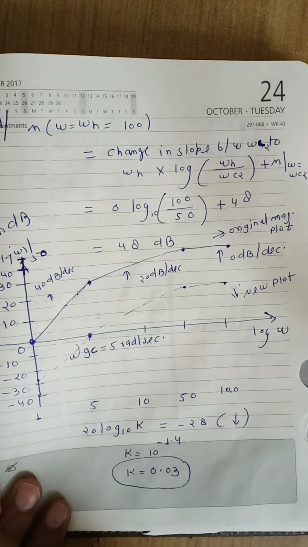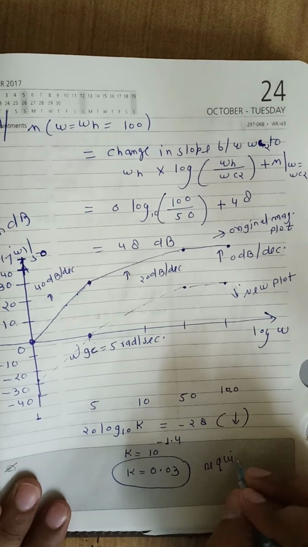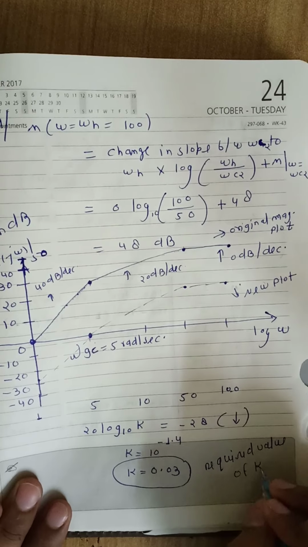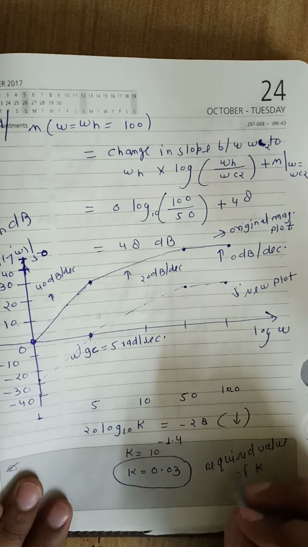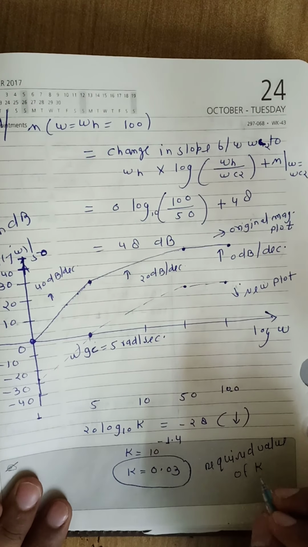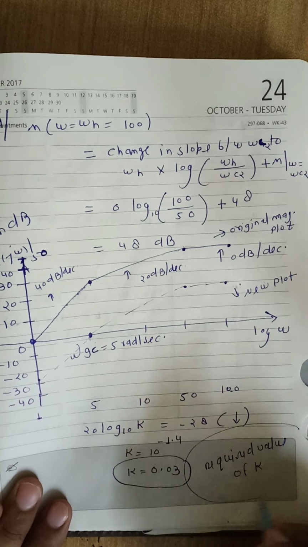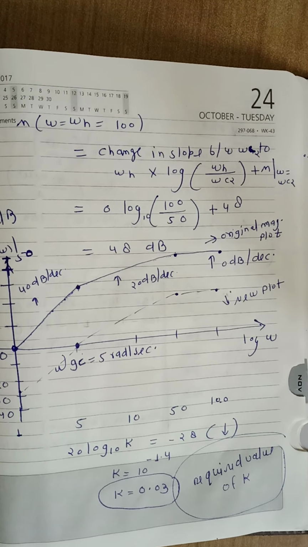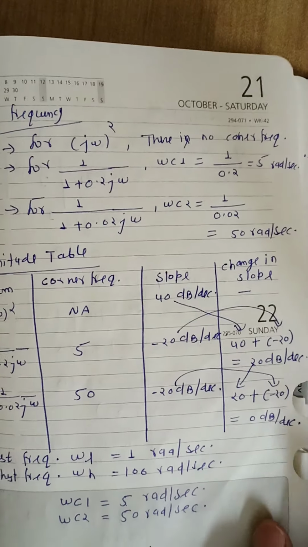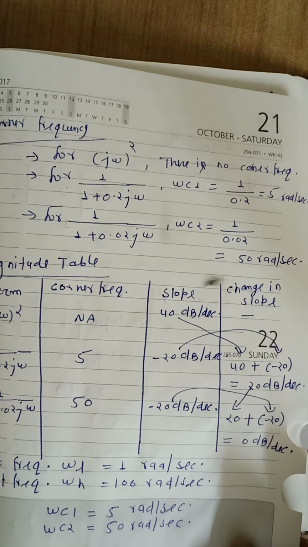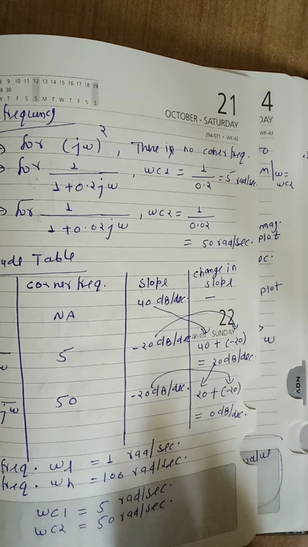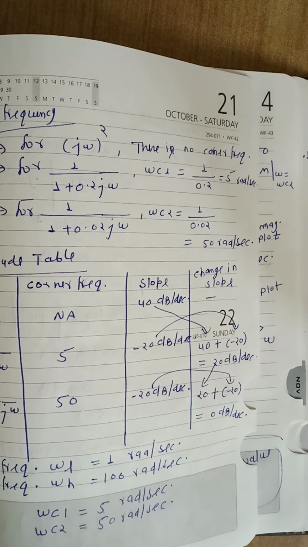So this is required value of k to achieve omega gc equal to 5 radian per second. And here according to the numerical, we just want to draw the magnitude plot. So here I think no need to draw the phase plot.